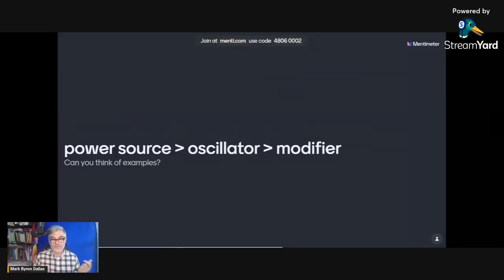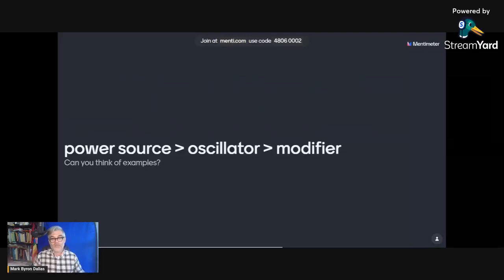That's where the source of power comes from, the energy put into plucking a string. And then the oscillator, or oscillators in this case, are the strings that vibrate, right? So an oscillator is something that vibrates. And then the modifiers are the strings being shortened by the fingertips on the fretboard.